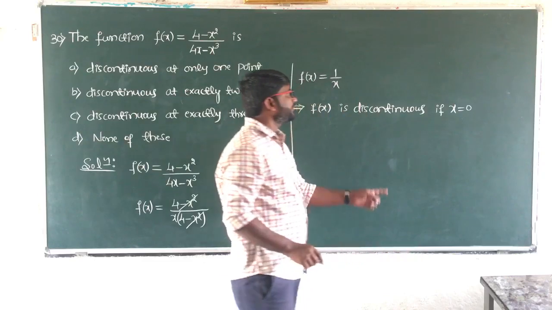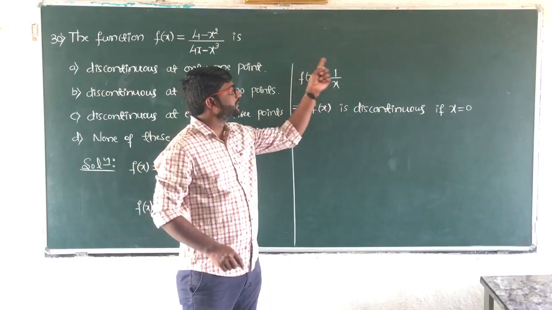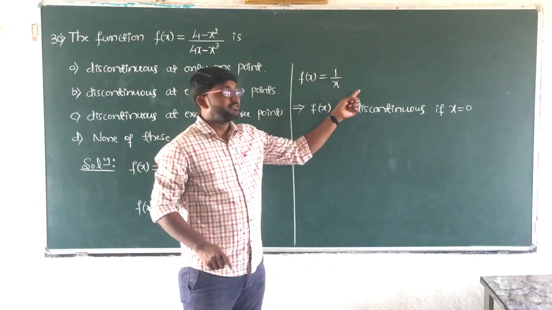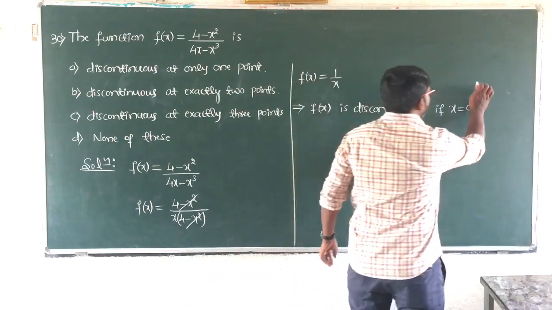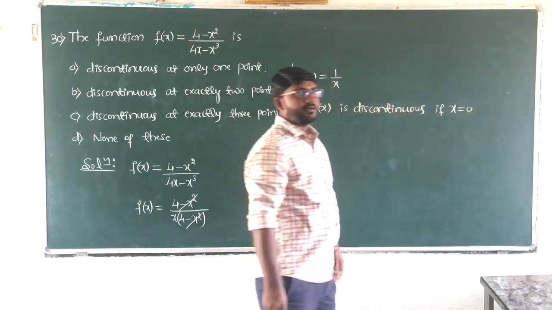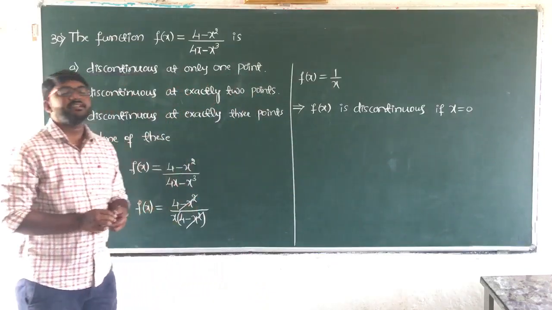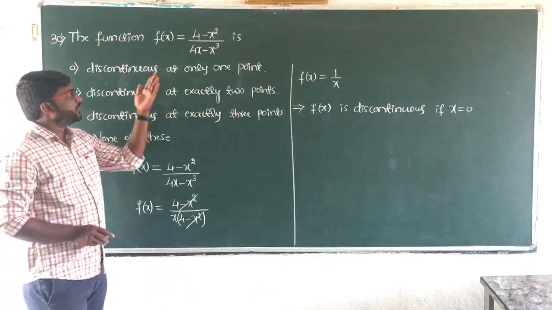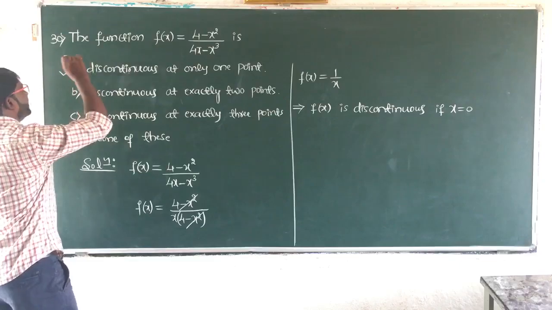That means if the denominator becomes 0, then this function becomes discontinuous. So we have only one point. That means at x equal to 0, it is discontinuous. So which is the right option now? The function is discontinuous at only one point. That is option A.